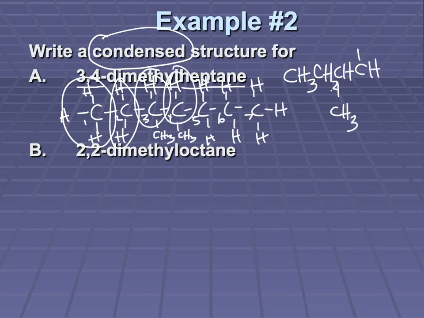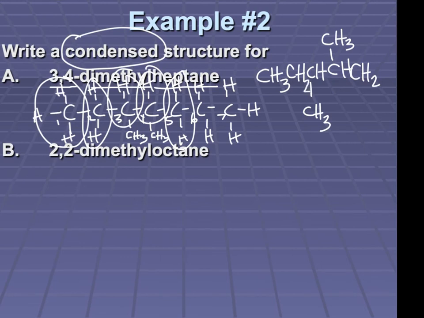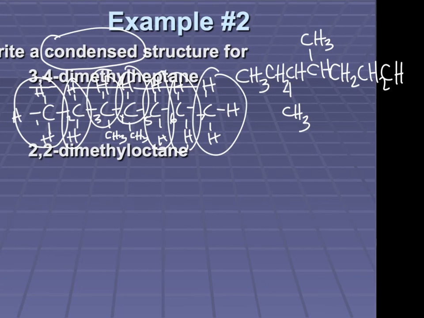Just to make it easier to read, I'm going to put that one on top. Then this is a CH2. And we keep going. This is CH2. And then the last part, CH3. Let me just move it across. CH3 there. So that is called the condensed structure.